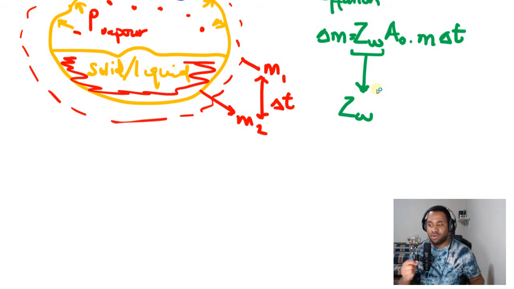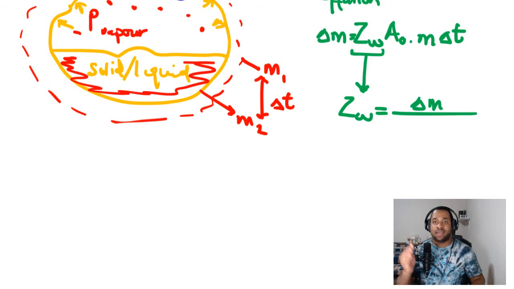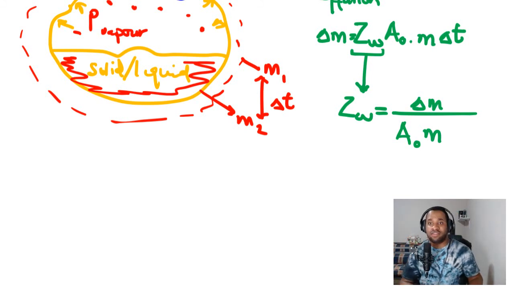And so once you have this, take note that solving for ZW in this particular expression, we have our change in the mass divided by the area of the hole multiplied by the mass of that one atom, and this is multiplied by the change in time.